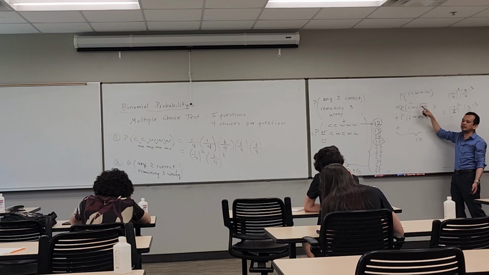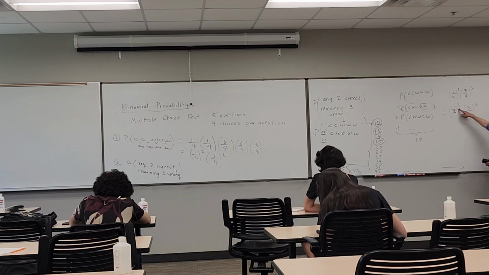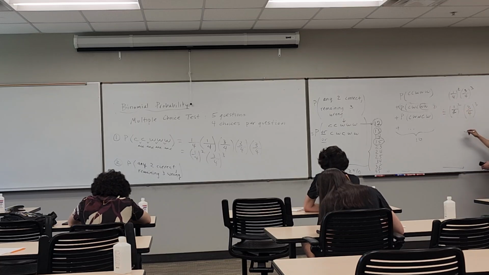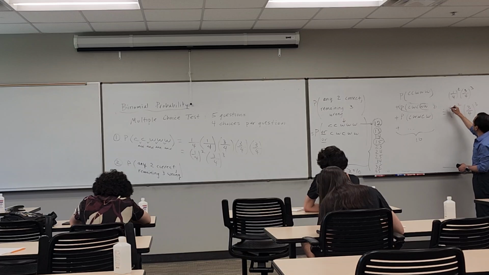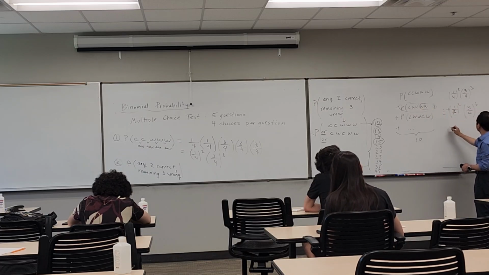And when you're multiplying numbers, the order of multiplication doesn't matter. So either way, it simplifies to multiplying this 1/4 twice and multiplying this 3/4 3 times. So these remaining probabilities end up being the same as before. And you're adding each of these probabilities up a total number of 10 times.